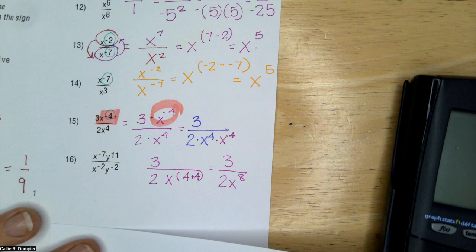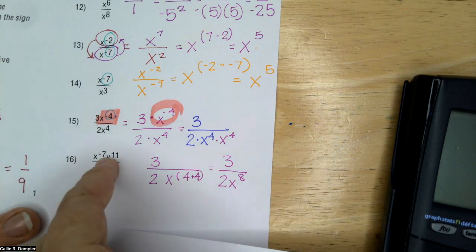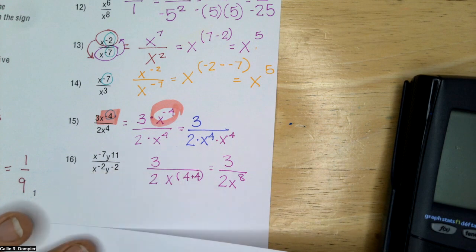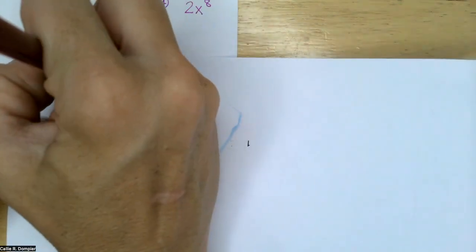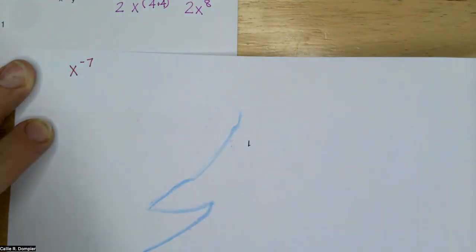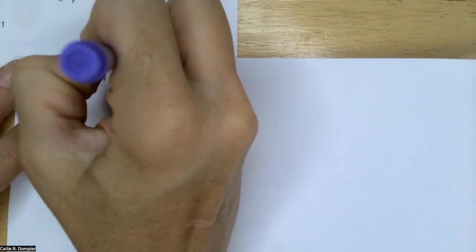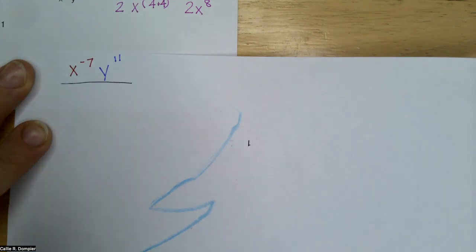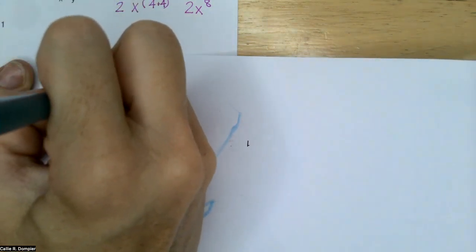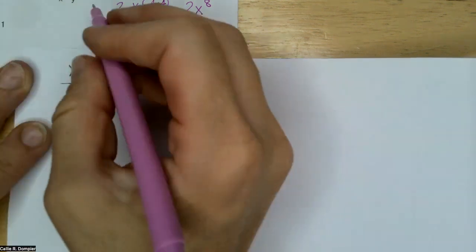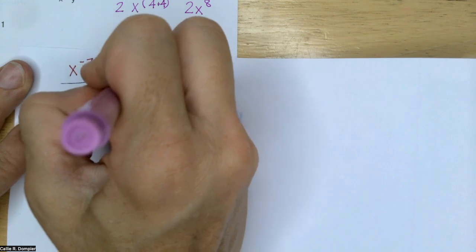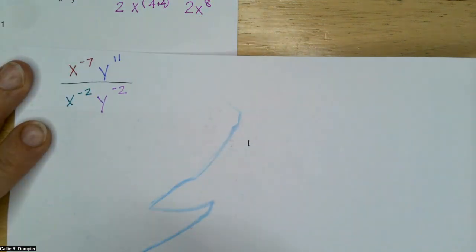Good. All right, here we need to move this x to the negative 7. We need to move the x to the negative 2, and we need to move the y to the negative 2. Y to the 11th, x to the negative 2, y to the negative 2. All right, let's start moving them, okay?